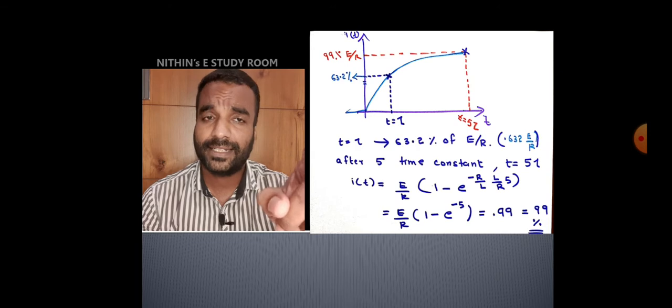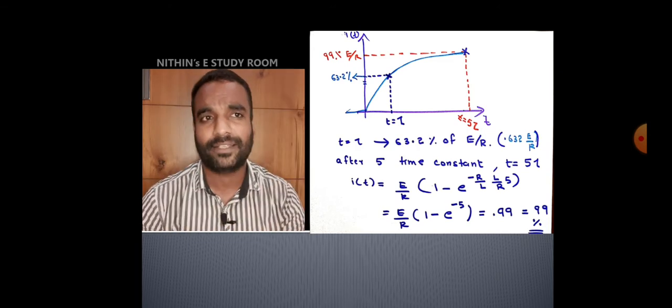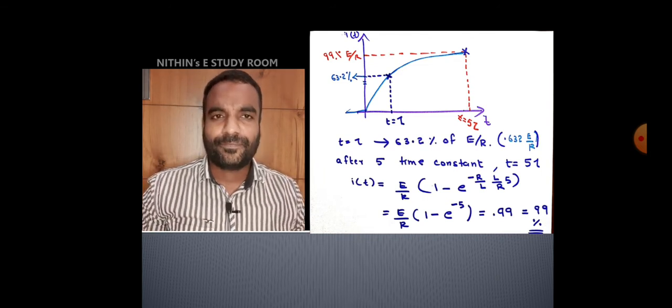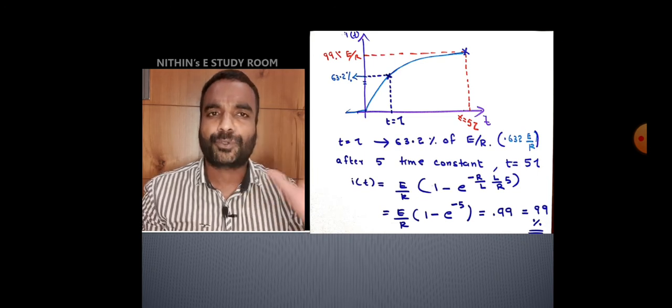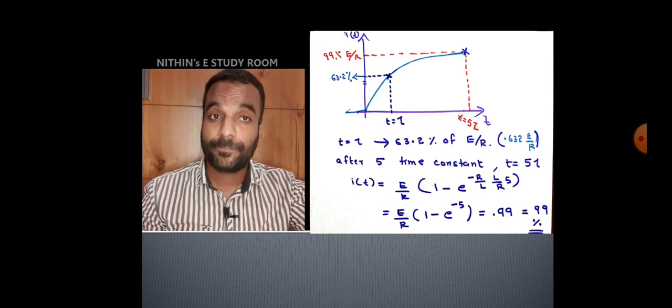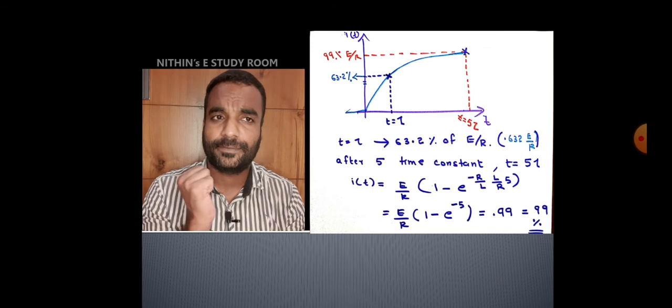I mentioned 99% of E by R value. So the 100% E by R will be just above that. So in any RL circuit, if you give a time of 5 tau, then definitely its output value will become equal to 99% of the final value of current.